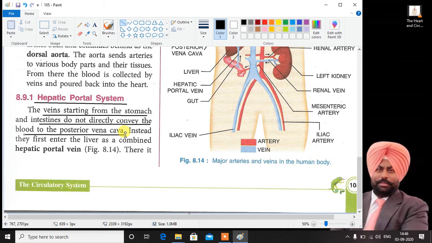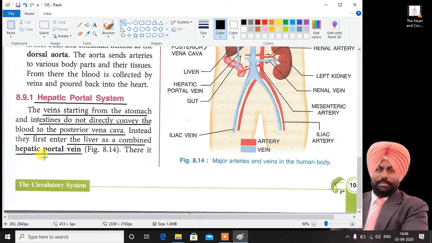Instead, the veins from the stomach and the intestine enter into the liver, and the blood vessel which carries the blood from the stomach and the intestine into the liver is called the hepatic portal vein.